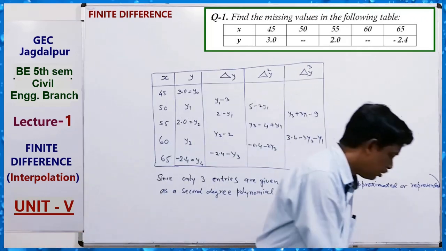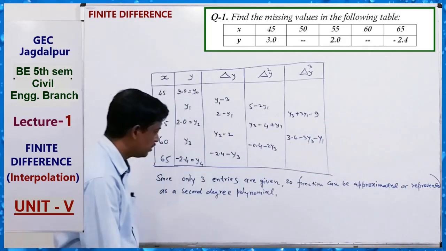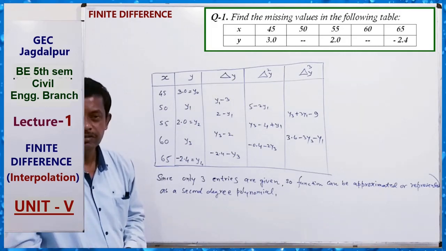Second degree polynomial. Therefore, if it is a second degree polynomial, then the third difference will be 0.